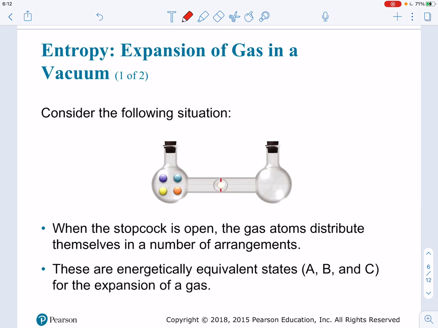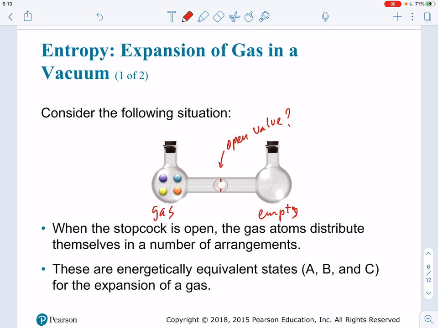So here we have two chambers. We have gas in one chamber and the other one is empty. Once we open the valve, what's going to happen? Well, you already have a picture of what's going to happen.